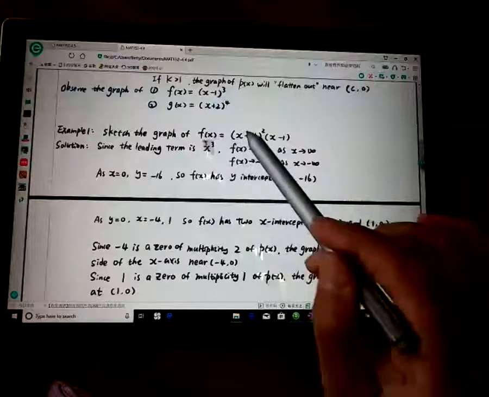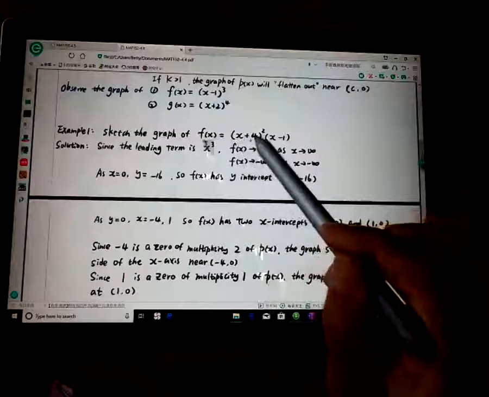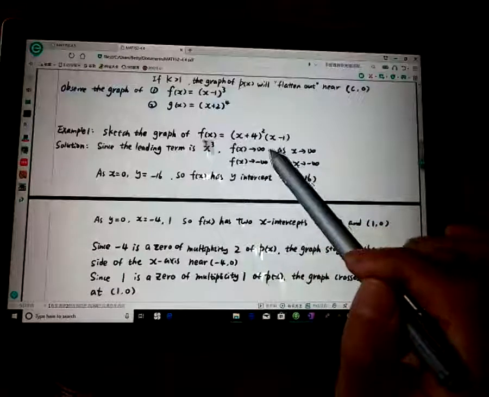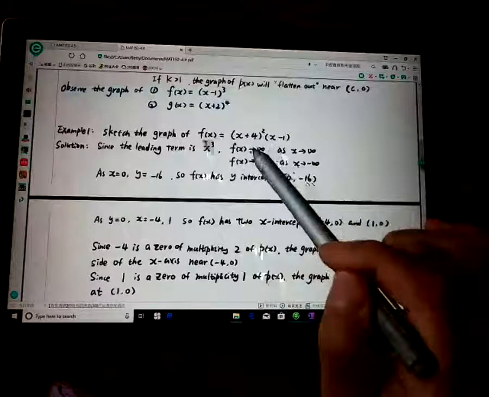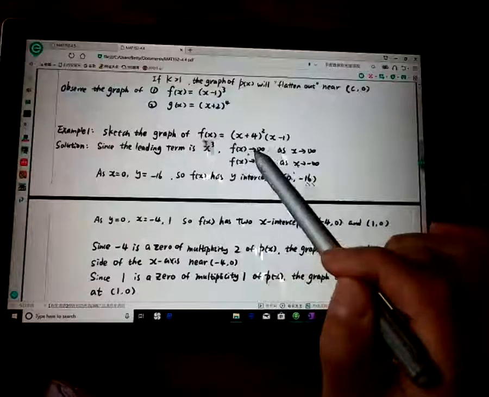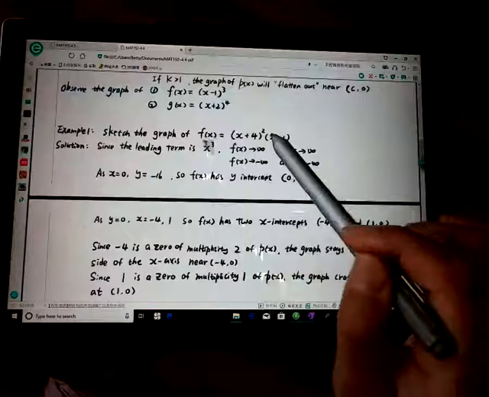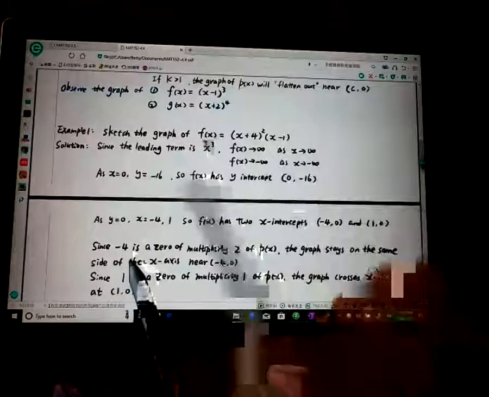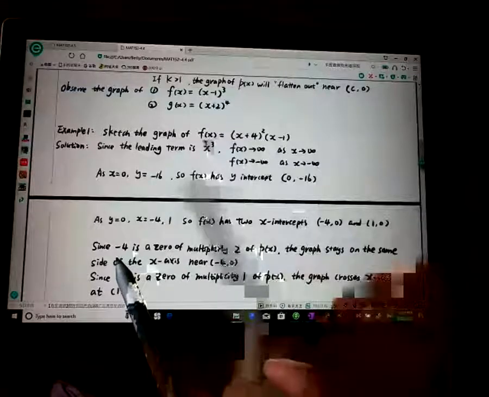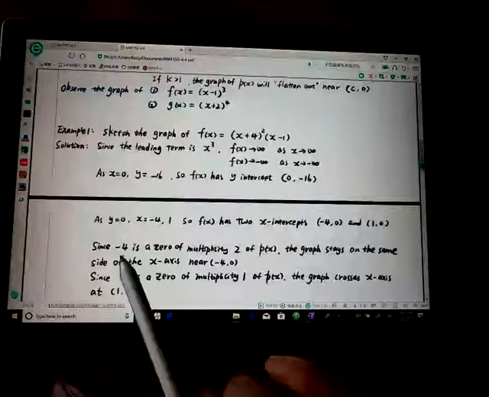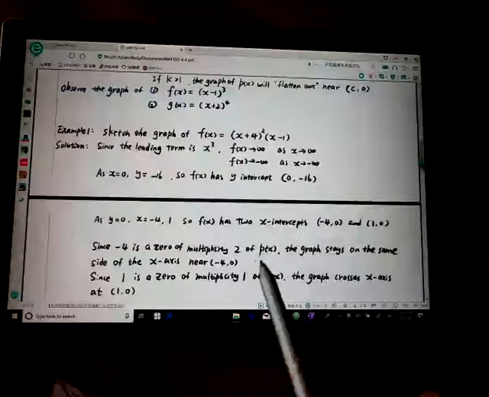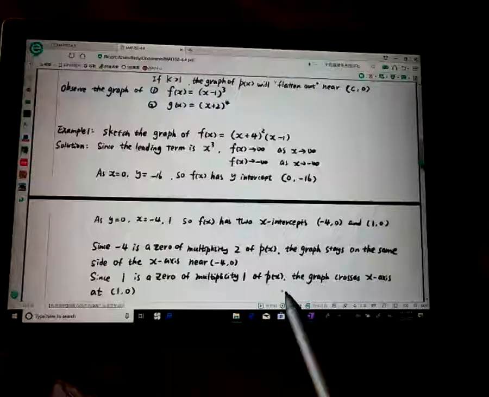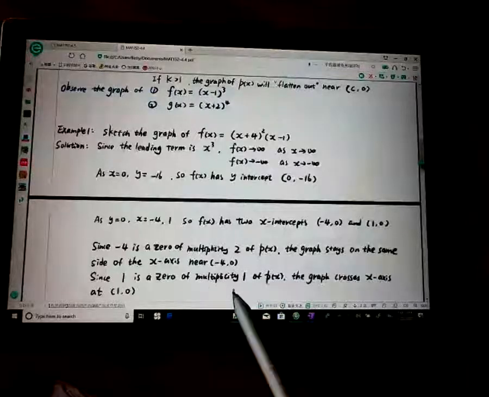The 3 zeros here are -4, -4, and 1. So you can see -4 here is a 0 with the multiplicity 2. Is that clear, everybody? As I said, I have the sentence written down right here. -4 is a 0 of the function with the multiplicity 2. 1 is a 0 of the function with the multiplicity 1.